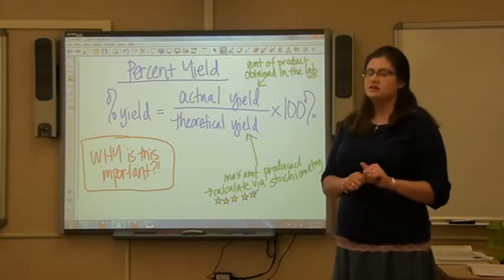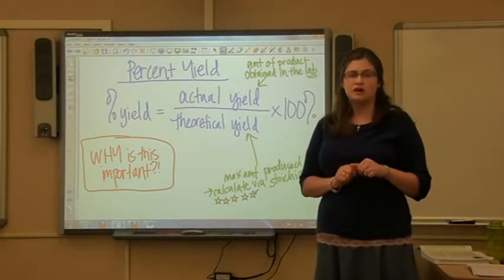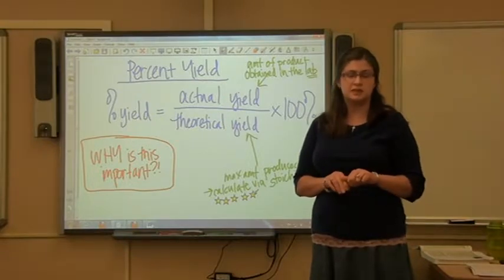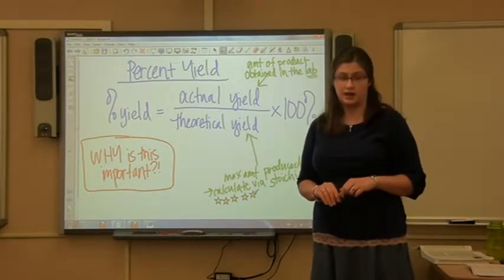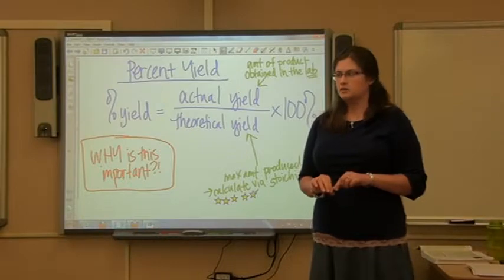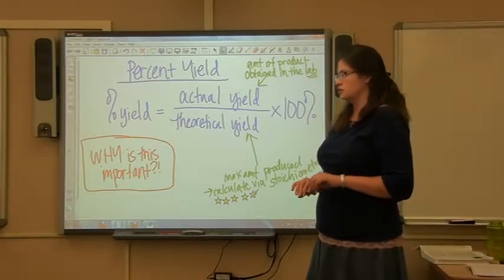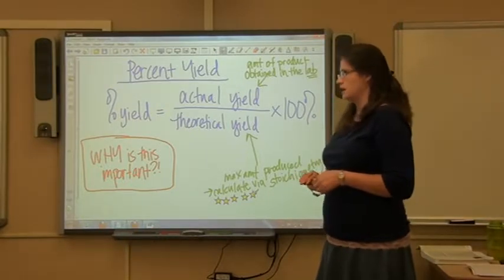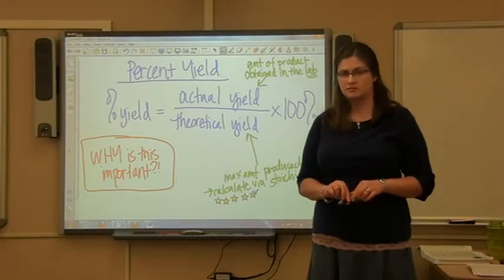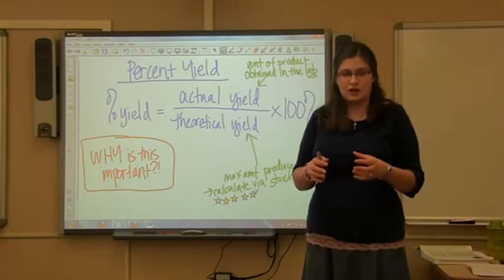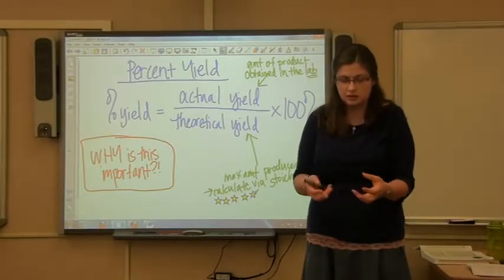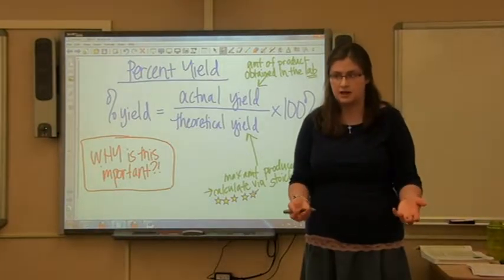Well, the answer is because there are things that prevent us from obtaining 100% yield in the lab. One of the major things that causes us to not have 100% yield is human error. Maybe you have unsteady hands, maybe you have a little bit of shaky hand, and you spill a little bit of your powder on the desktop.